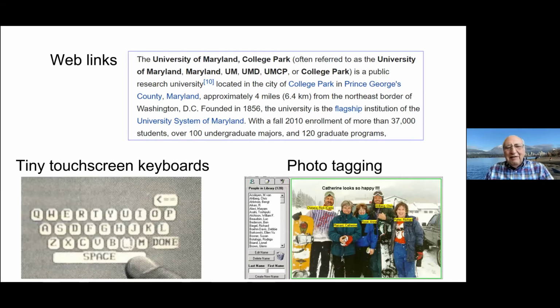As Bradley mentioned in introductions, the few things I've done, small things, turned out to be high impact. And so the idea of web links in the early 80s, we were working on electronic encyclopedias on personal computers, and the idea of having words embedded in paragraphs that were highlighted. You can see the light blue highlights here.